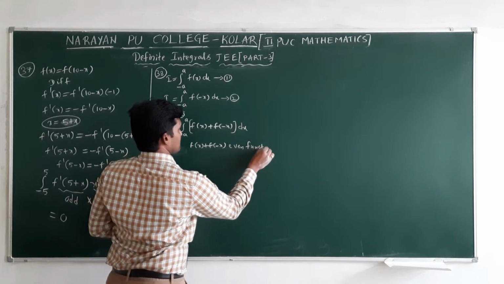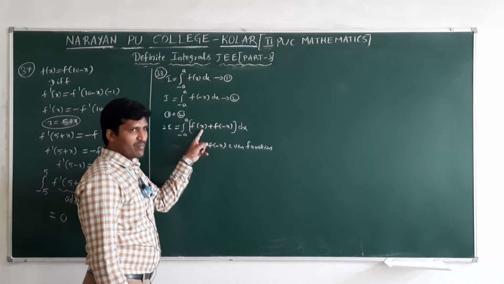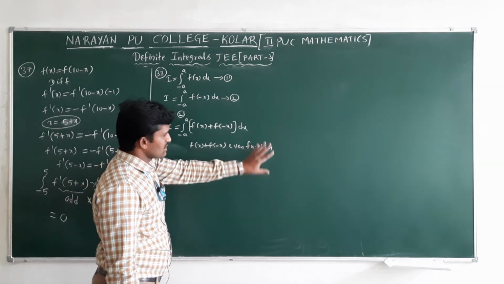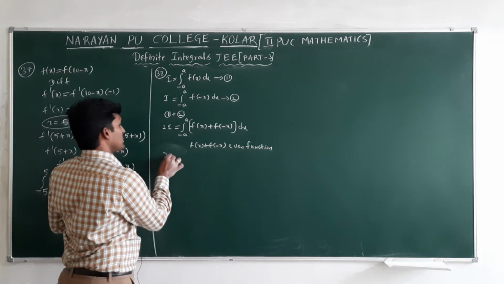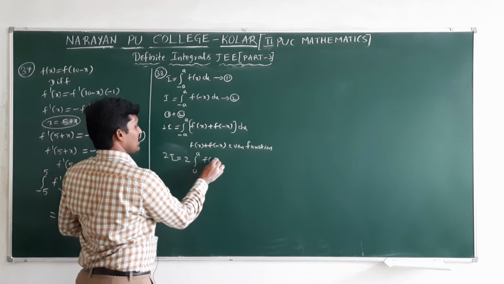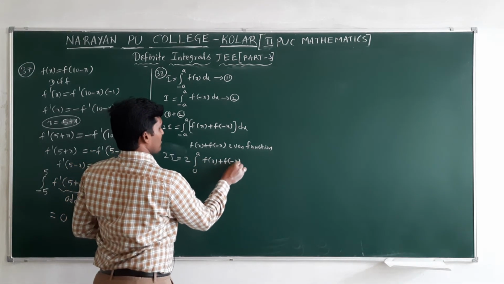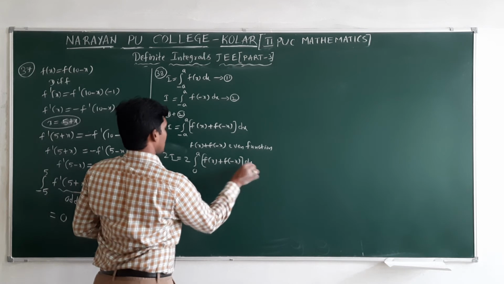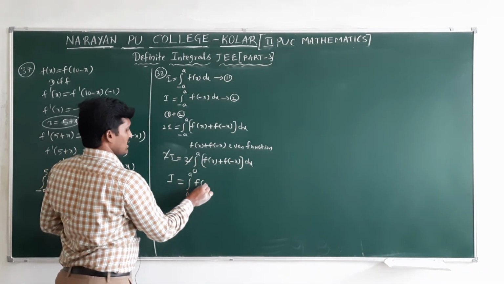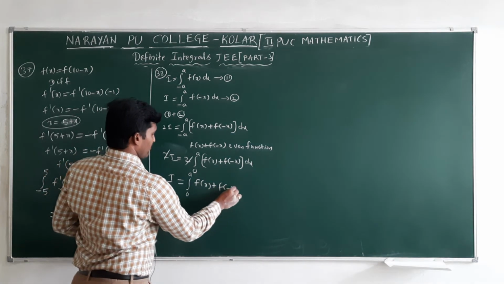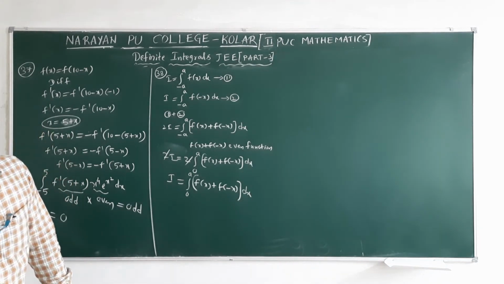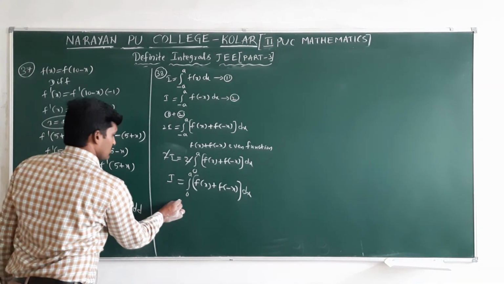Reason: substitute minus x, f of minus x plus f of x only. That's why the function remains the same. That's why 2I equal to, this we can write, 2 into integral 0 to a f of x plus f of minus x dx. 2 cancels, I equal to integral 0 to a f of x plus f of minus x dx. That is, option D is the correct one.